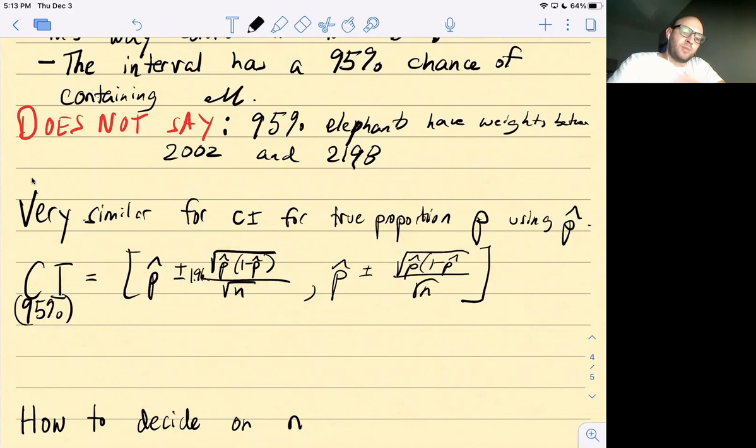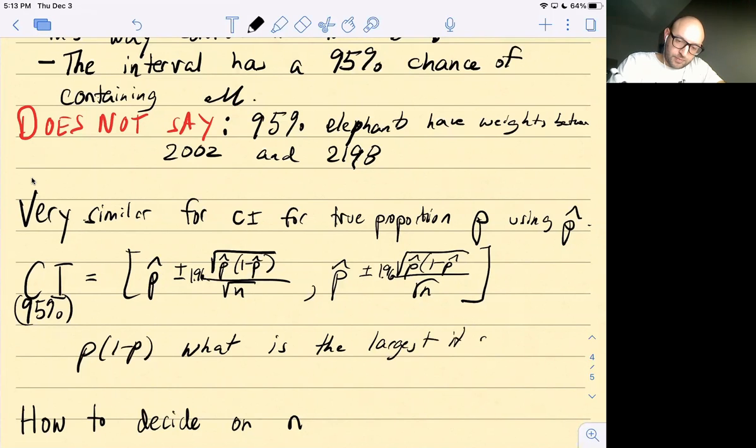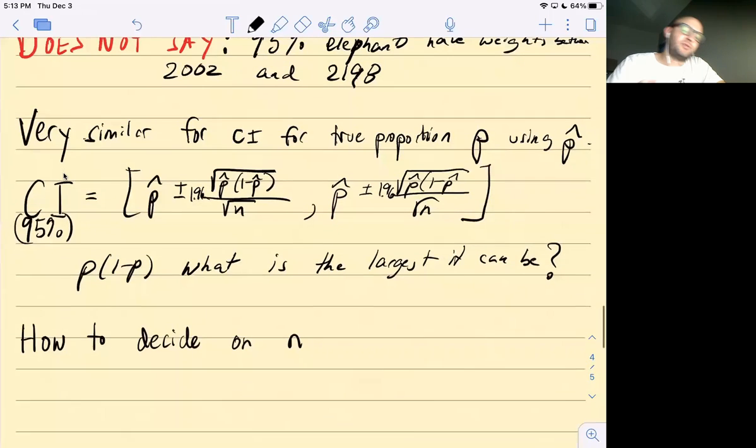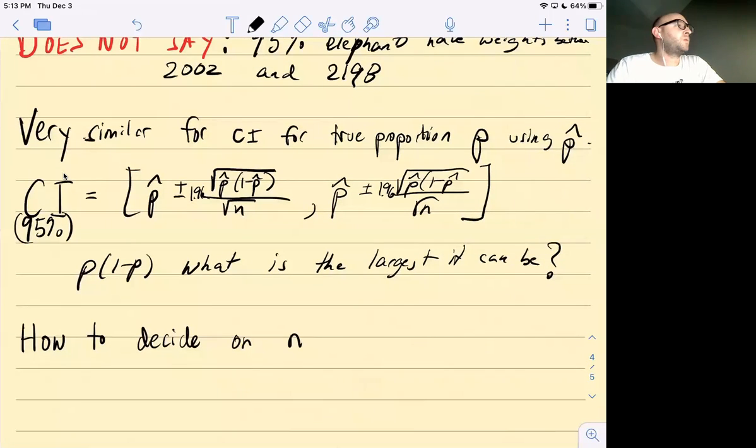So we say, well, wait a second. Look at p times 1 minus p. What is the biggest that this can be? Does anyone know what the biggest value for p times 1 minus p is? When is that number going to be the biggest possible, and what would it be? 0.25. Yeah, exactly.